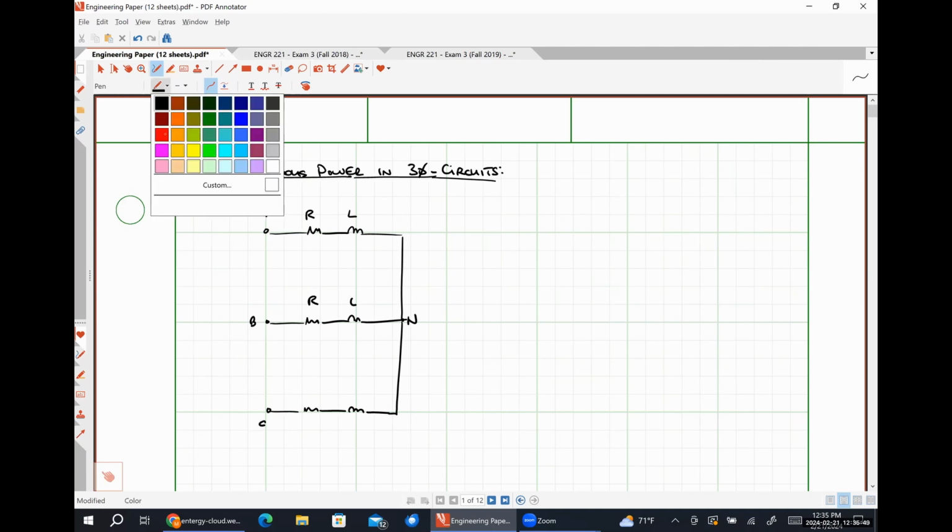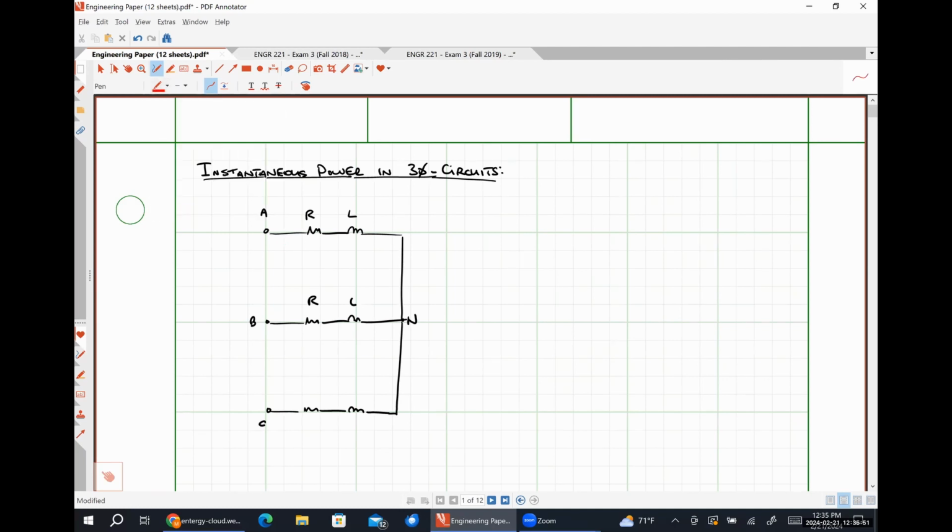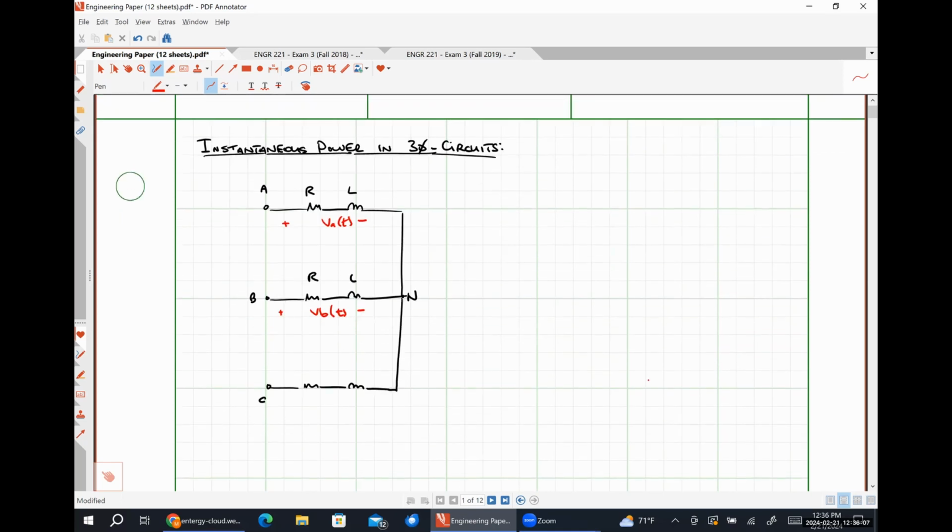And let's call the voltage drop across the A phase VA of t, the voltage drop across the B phase of the load VB of t, and the voltage drop across the C phase of the load VC of t.